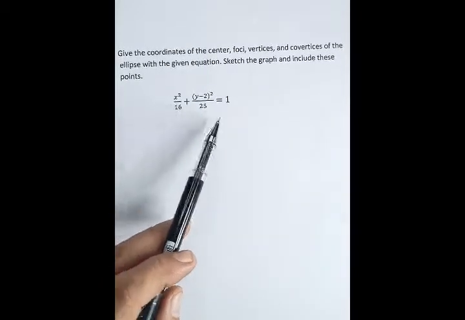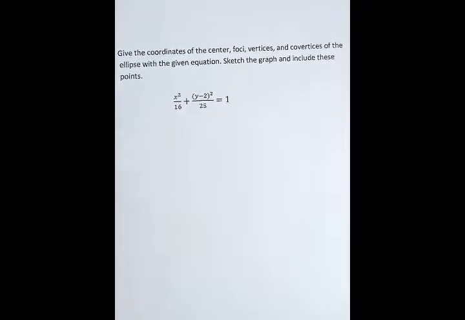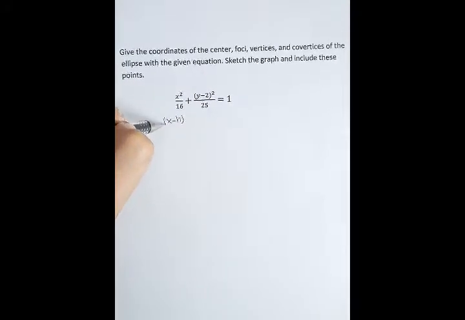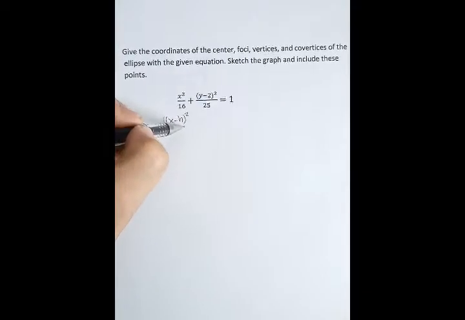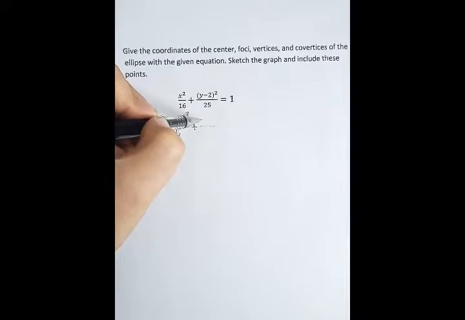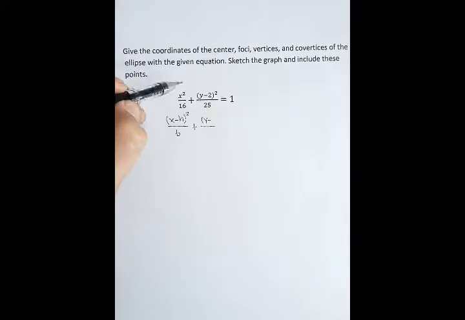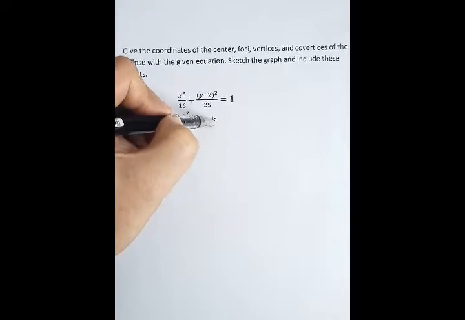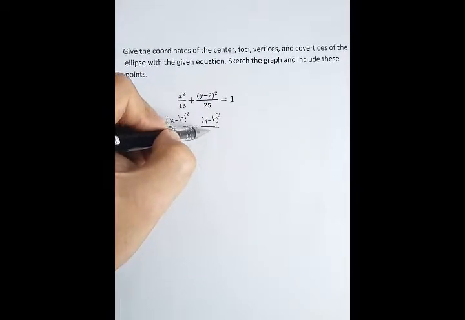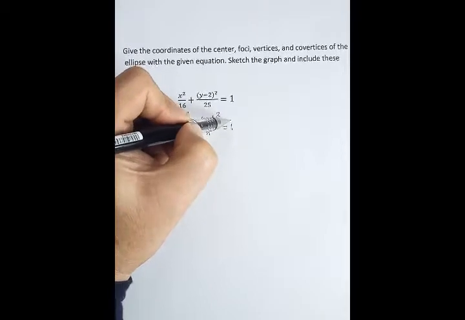So this ellipse equation falls in the form x minus h squared over, since 16 is smaller, this will be b, plus y minus k squared over a equal to 1.